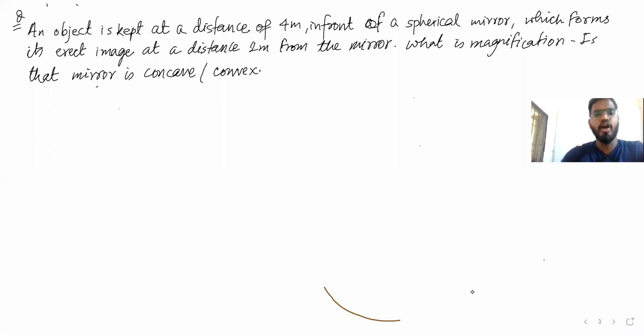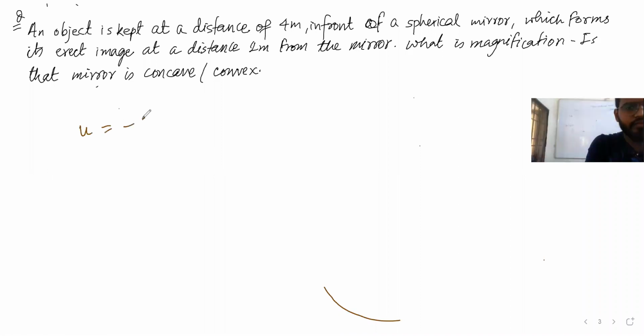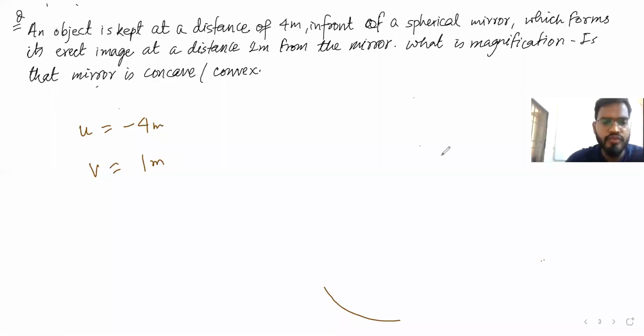The object is placed 4 meters away. So guys, u is always negative, -4 meter, right, in front of a spherical mirror which forms an erect image at a distance of 1 meter from the mirror. Okay, let's consider v is equal to 1 meter, right?